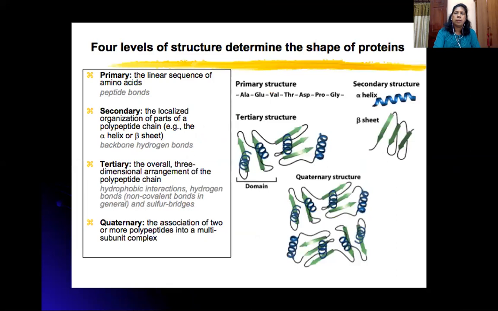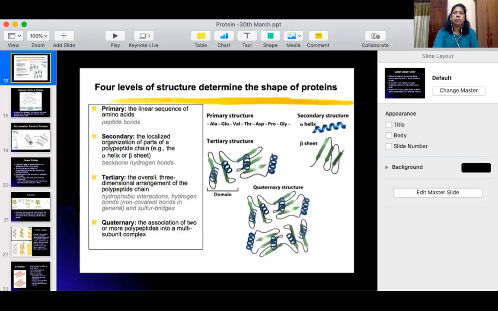No one can hear me? Can't you hear me? What are the 4 type structures?